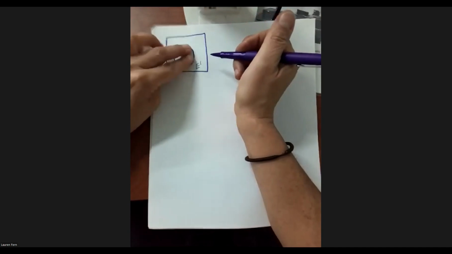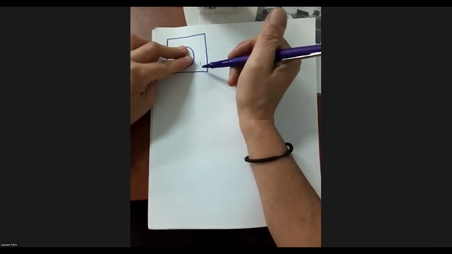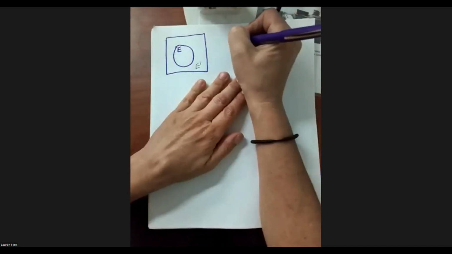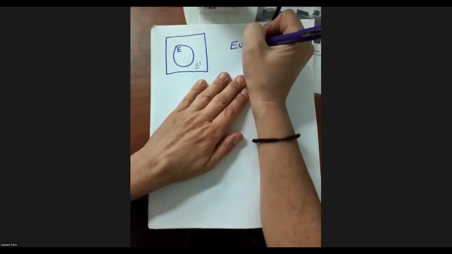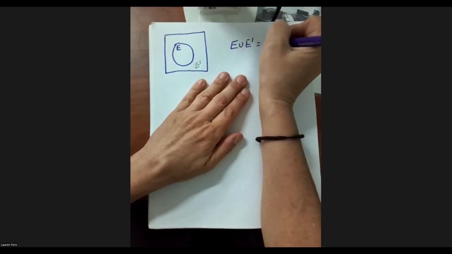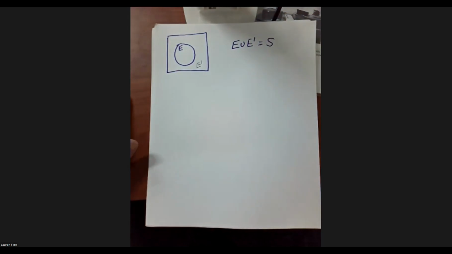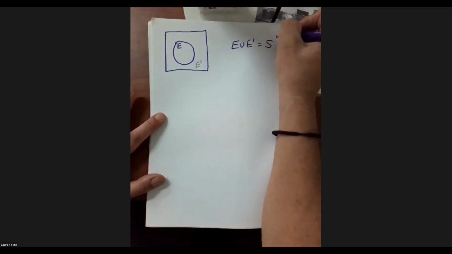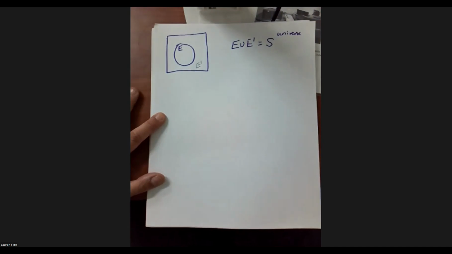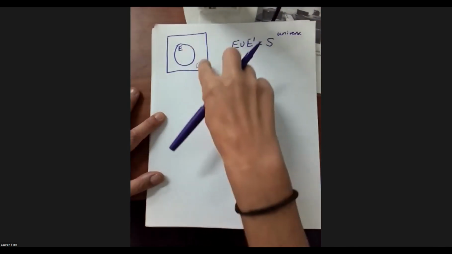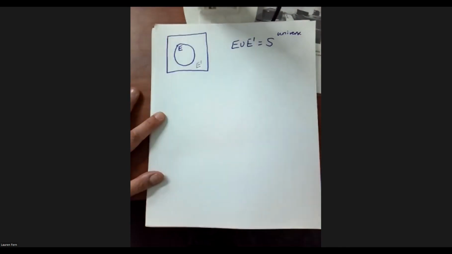Okay, this is why I always say don't fall behind, because I'm assuming some familiarity. Okay, so remember E complement is everything in the universe except E. Would you grant me that E union E complement is my sample space? Because it makes up my entire universe. Right? Union is put them together. This plus this is everything.